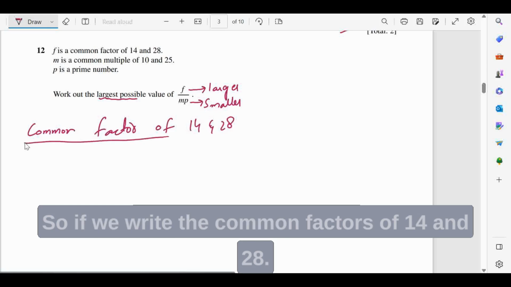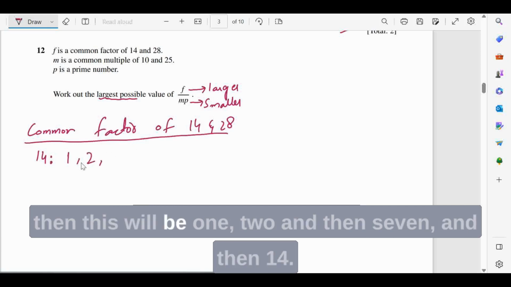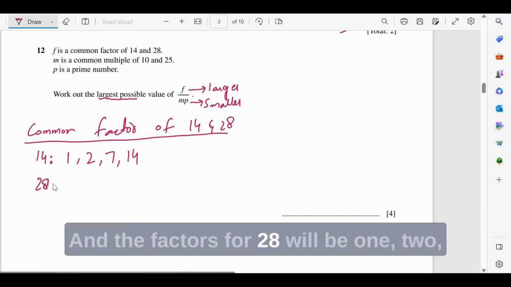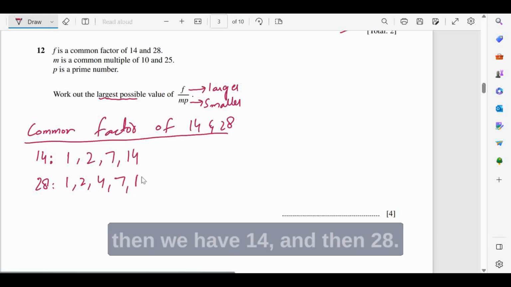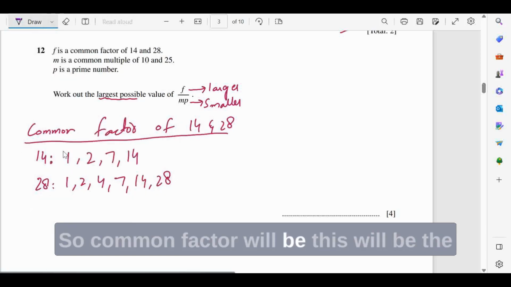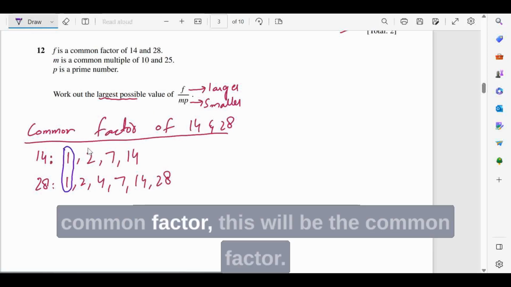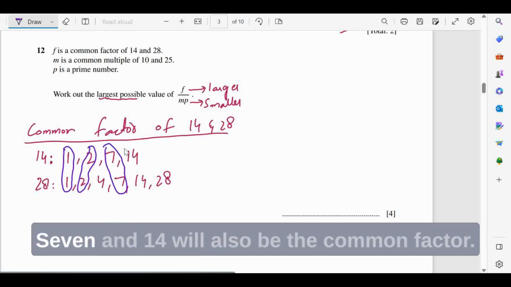So the common factors are 1, 2, 7 and 14.